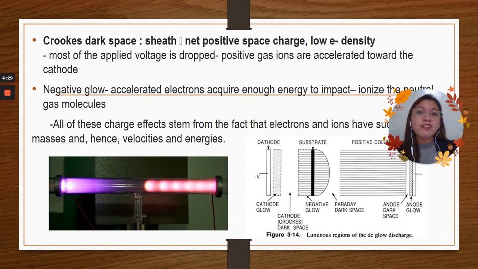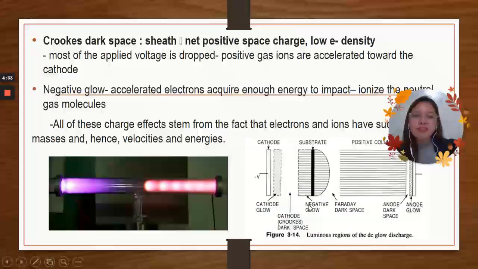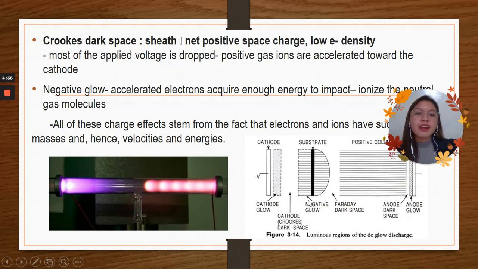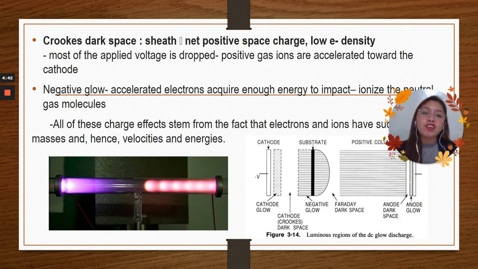Positive gas ions are accelerated toward the cathode. And we have the negative glow, where the accelerated electrons acquire enough energy to impact ionize the neutral gas molecules. And this black part here is the substrate, the underlying substance or layer.